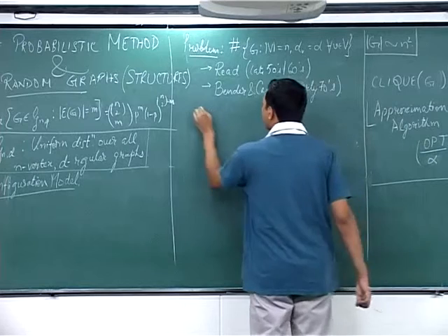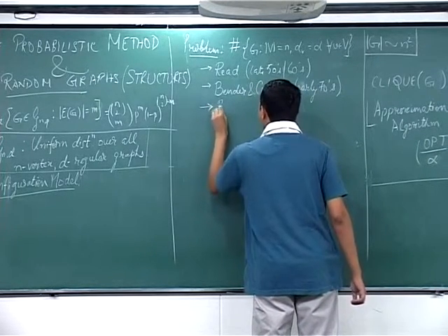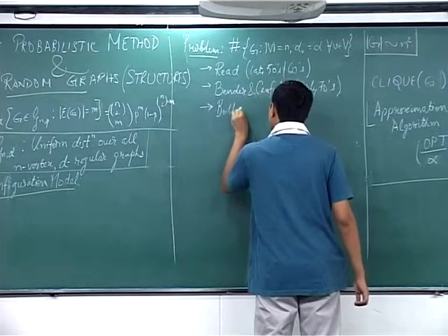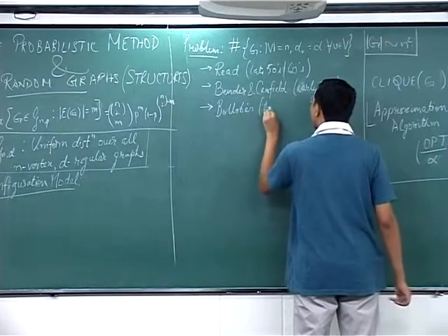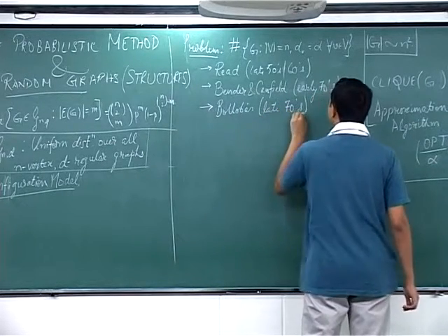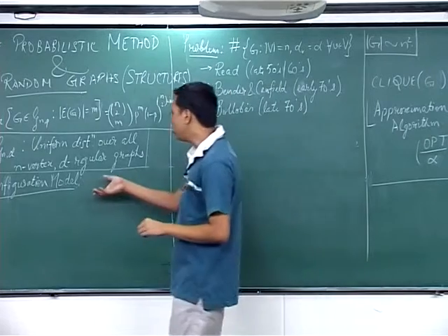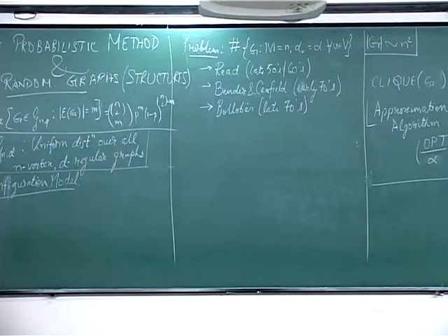And finally in the late 70s, Bela Bollobas came up with this model, the configuration model, which gives the asymptotics very nicely.